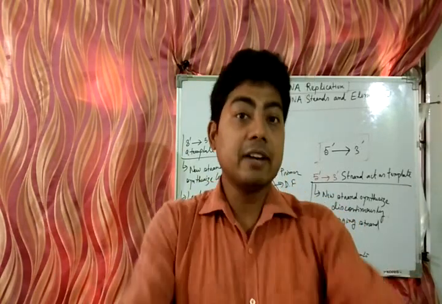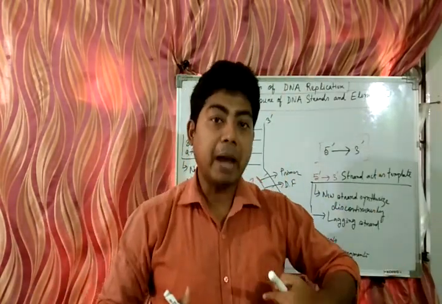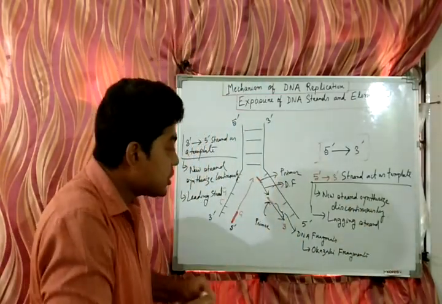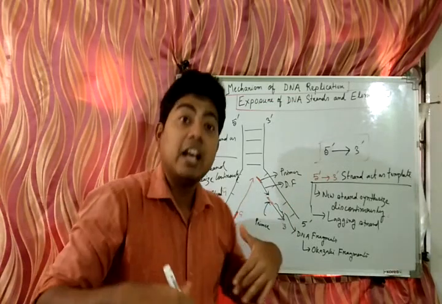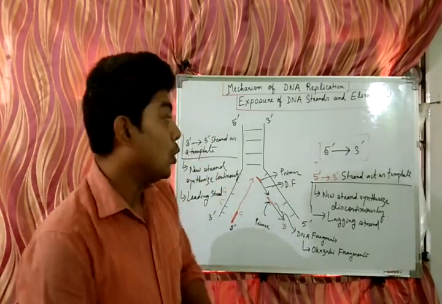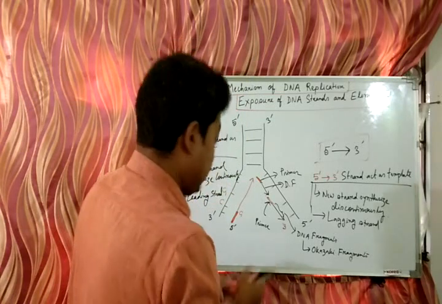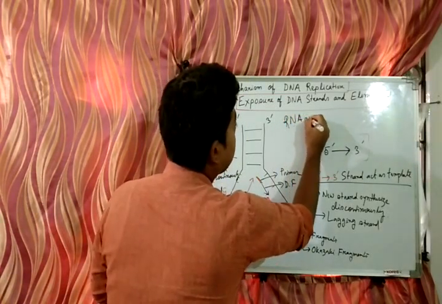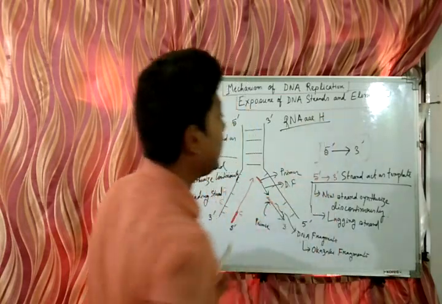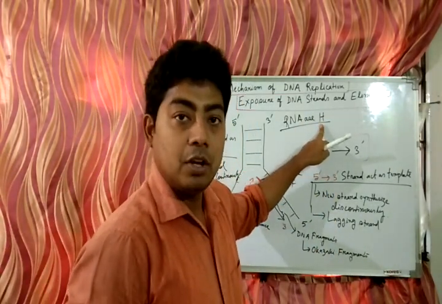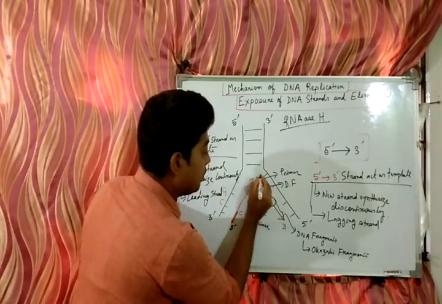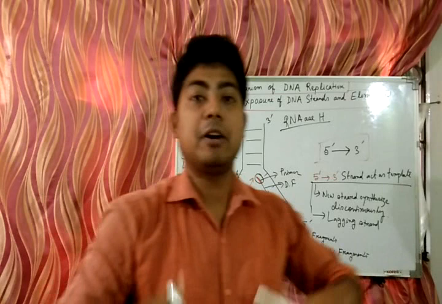But once they are released from the replication machinery, this discontinuous strand also becomes continuous. How? With the help of the enzyme RNase H, which has RNase activity, that enzyme removes these RNA primers.